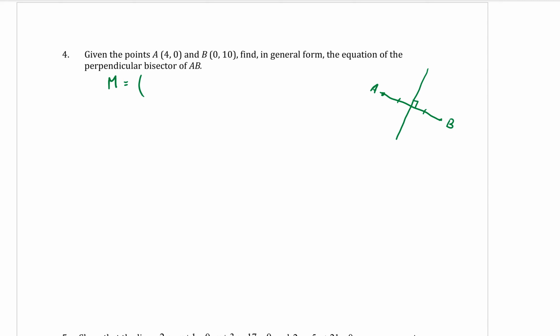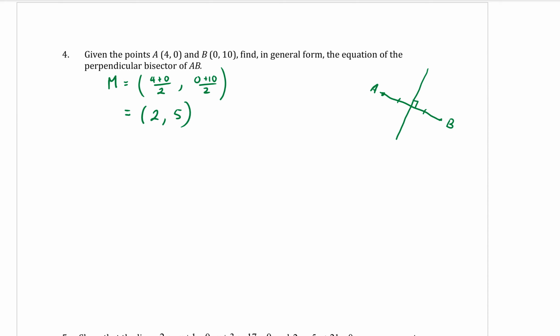So that's going to be (4 plus 0) over 2, comma, average the y's, (0 plus 10) over 2. The first one, 4 over 2 is 2, and 10 over 2 is 5. So the midpoint is (2, 5).